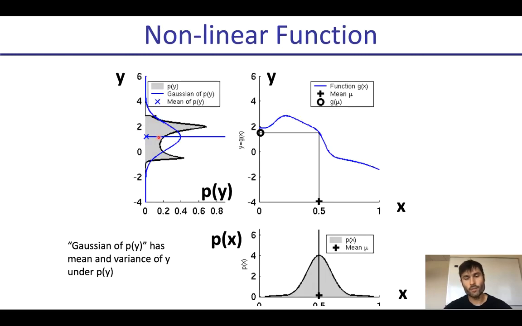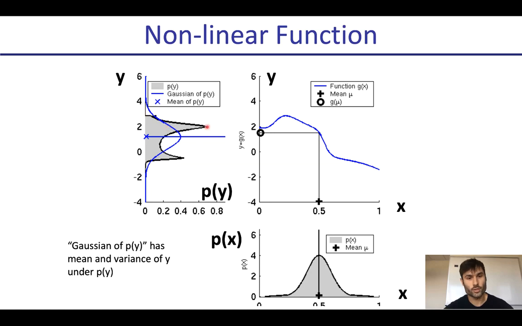However, when we have nonlinear functions, the behavior is completely different. For instance, here we have this function g of x, and we pass through it again a Gaussian. However, in this case the probability distribution, the gray part of this plot, is non-Gaussian. It's not even unimodal.